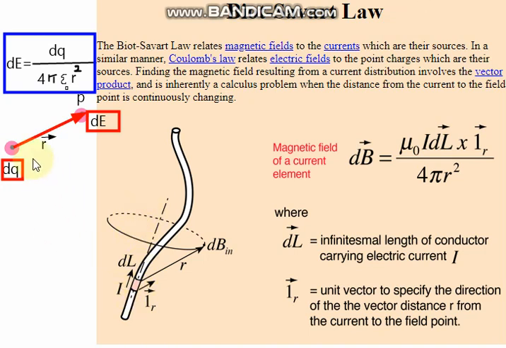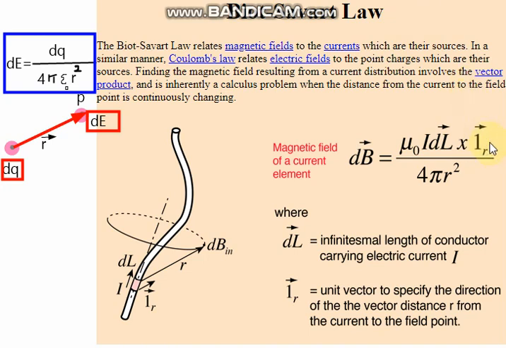Here, instead of the charge distribution, we have a current distribution in the form of a straight wire carrying current I. Just as we divided our charge distribution into small charge elements dq, here we will divide this current distribution into small current elements, each of length dl and carrying current I. So the current element will have a value of I times dl, that is the current carried by the element multiplied by the length of the current element.